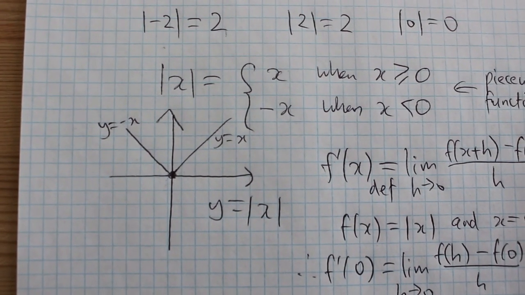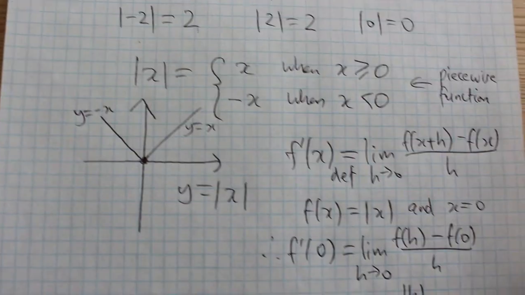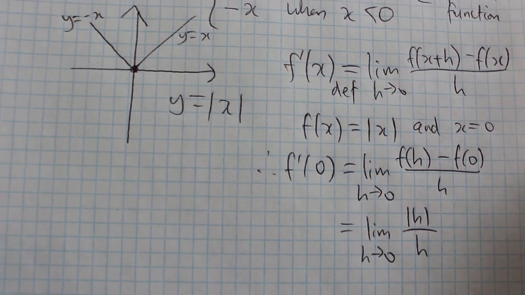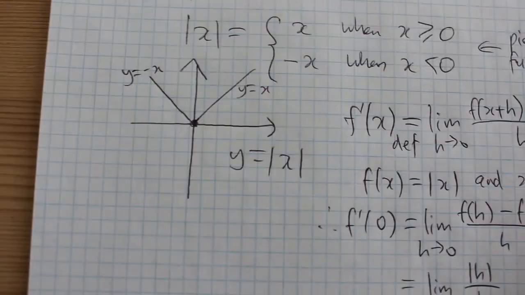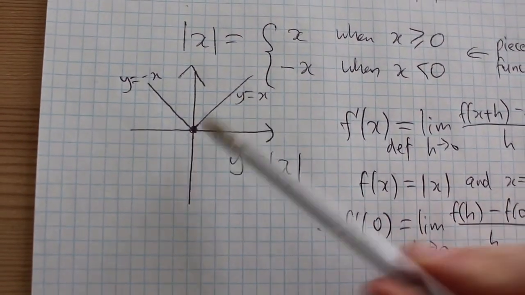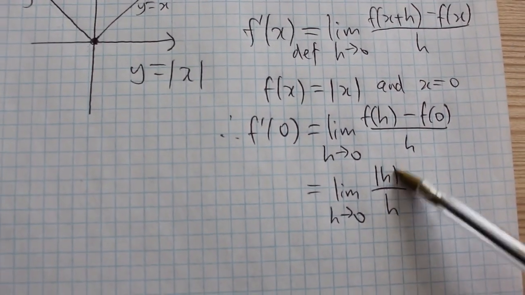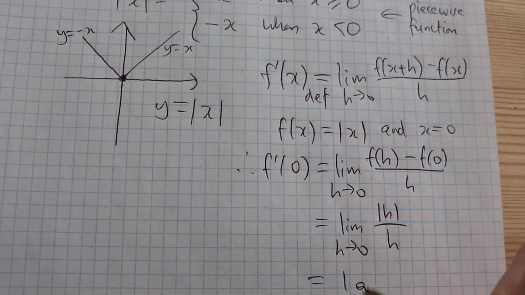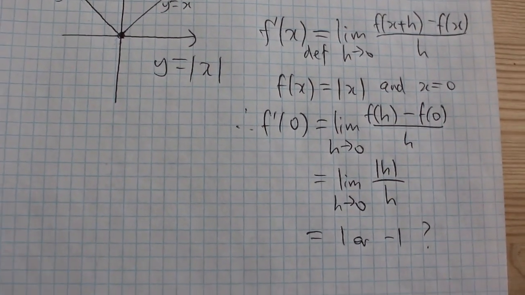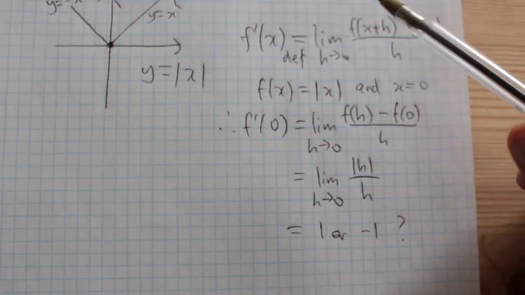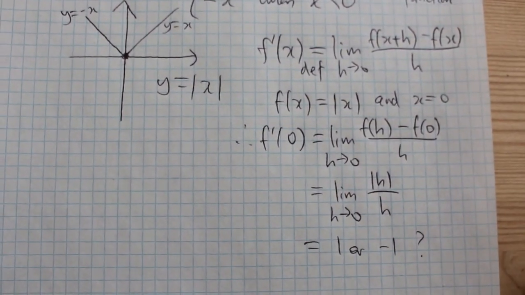Well, now let's look back at the graph. We want to work out what this limit is. Notice if h is negative, the modulus of h is minus h over h, which is minus 1, because we see the gradient of this is minus 1. But the gradient of this is 1, and when h is positive, the modulus of h is h. So it looks like it could be either 1 or minus 1, depending on whether h approaches 0 from the negative values from the left or from the positive values from the right.